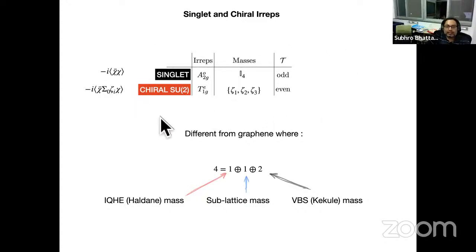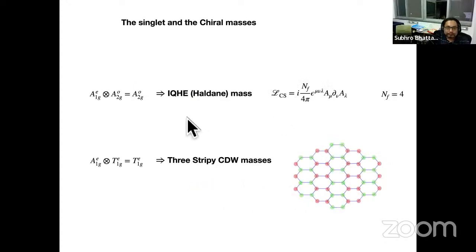This irreducible representation decomposition is already very different from graphene, where the similar set of 4 masses actually divides up into 1 plus 1 plus 2, as opposed to 1 plus 3 in this case. This is an immediate proof that the symmetry is implemented very differently from graphene.